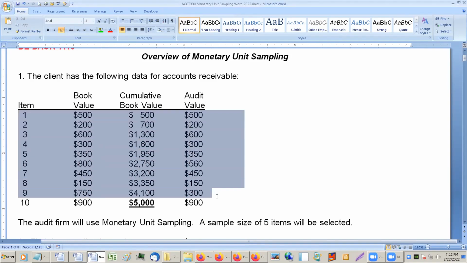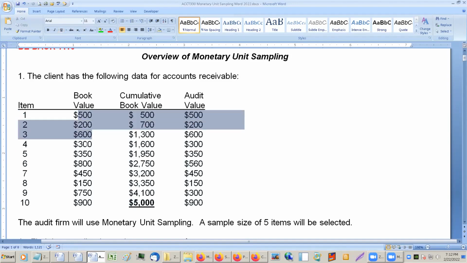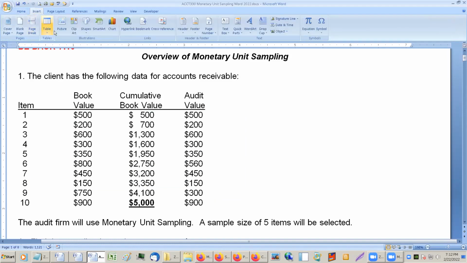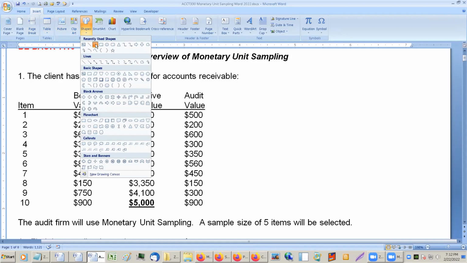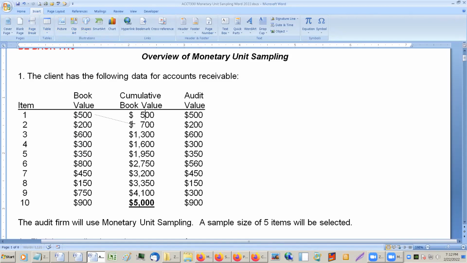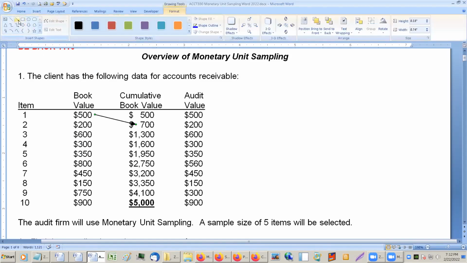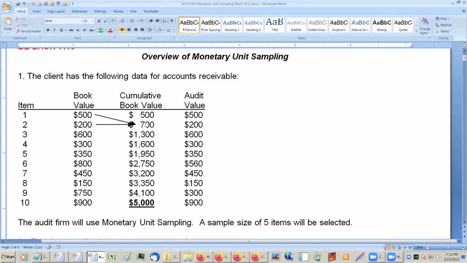We have these items. Here are the book value items. The cumulative total is, as you go on, you add these things up. The cumulative total is going to be those two.